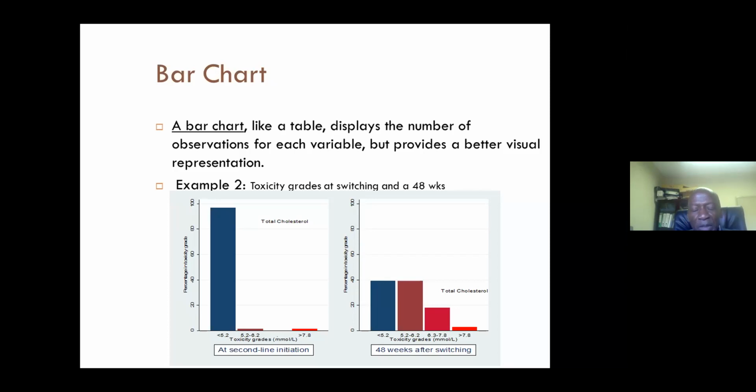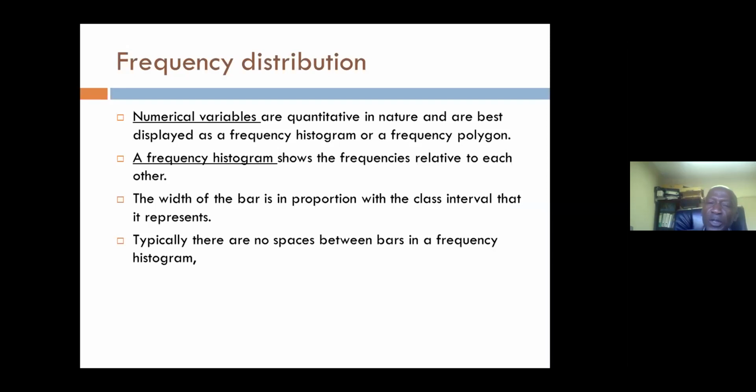Continuous data can also be converted to categorical data, where you have categories by intervals, and then you can describe that data by way of a bar chart.